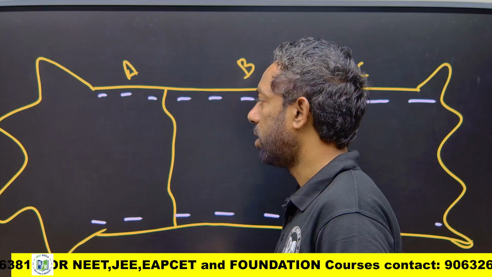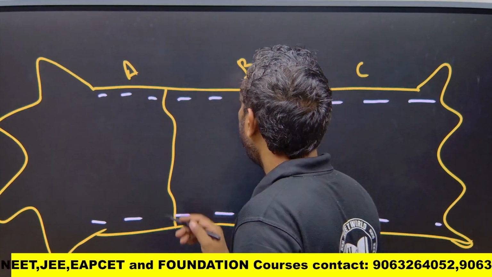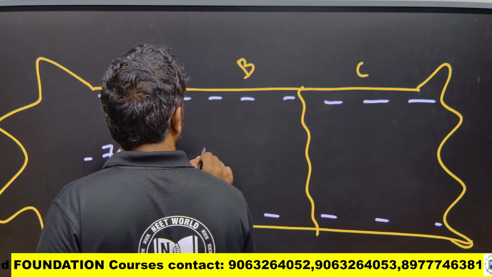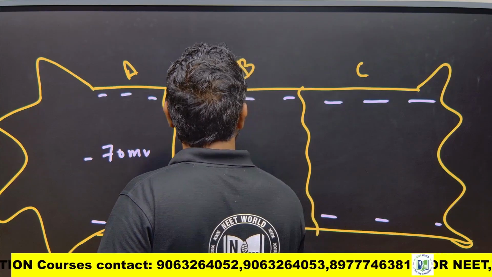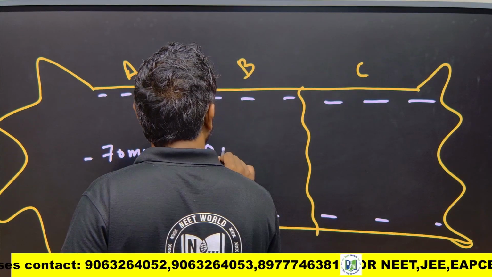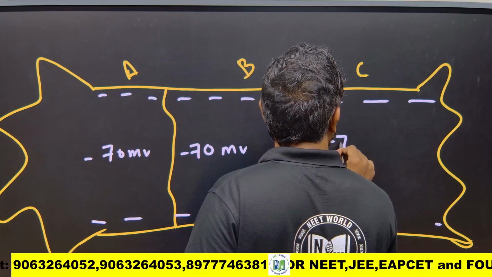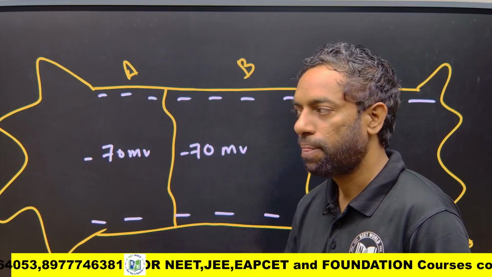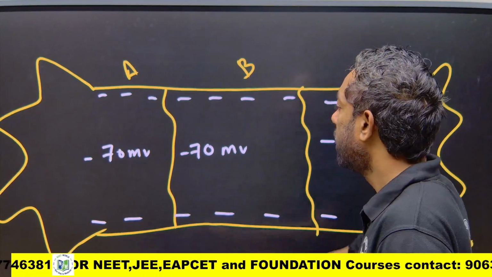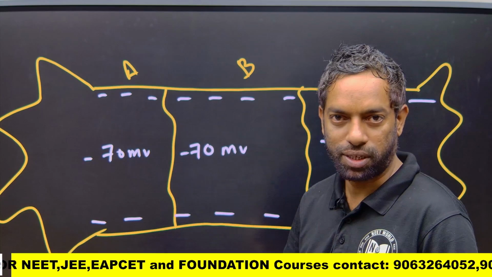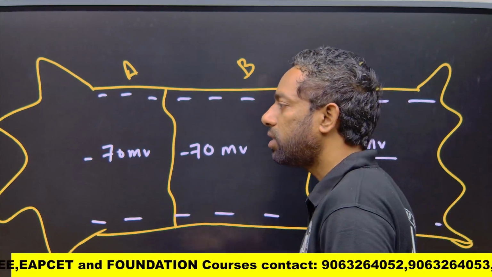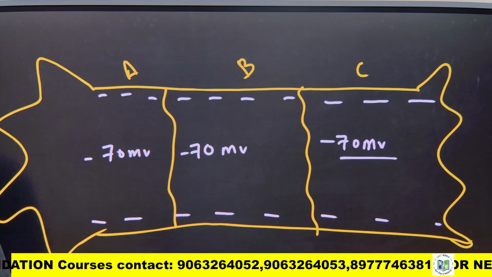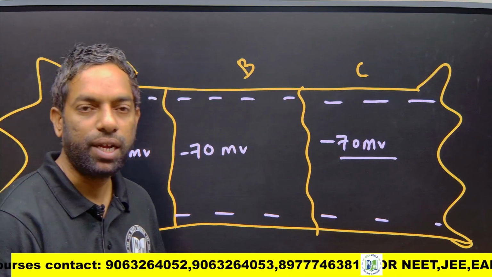First, what happens here? The resting potential is maintained at -70 mV throughout the axon. If any change takes place, these changes occur. We will discuss nerve impulse conduction in the coming class.